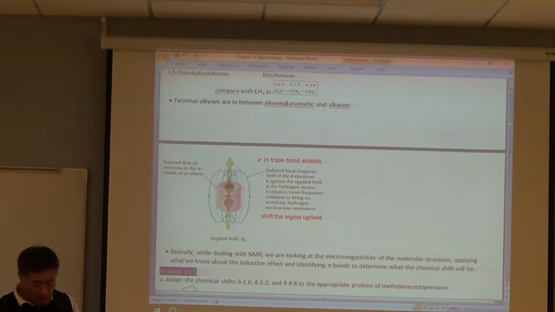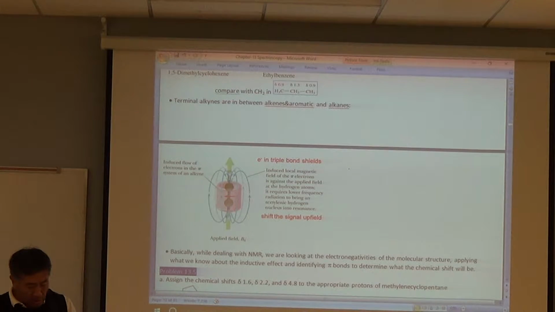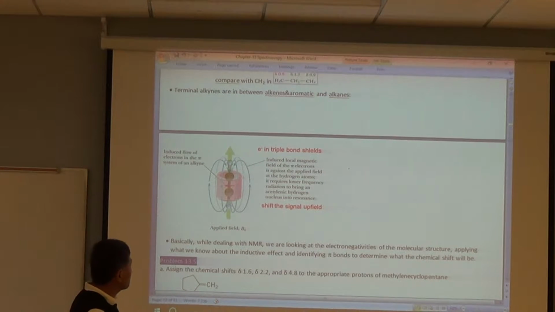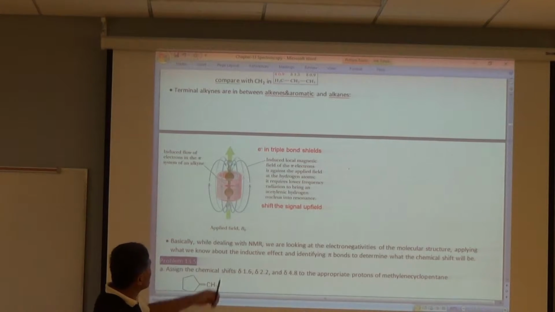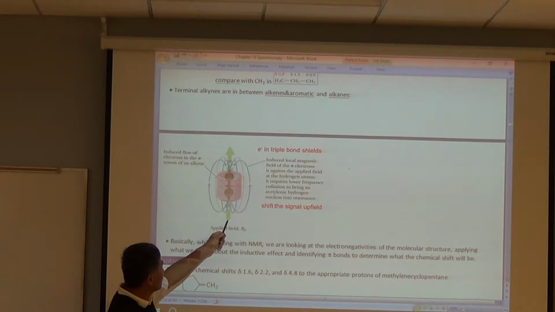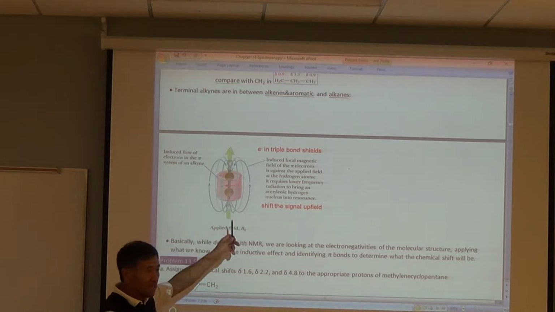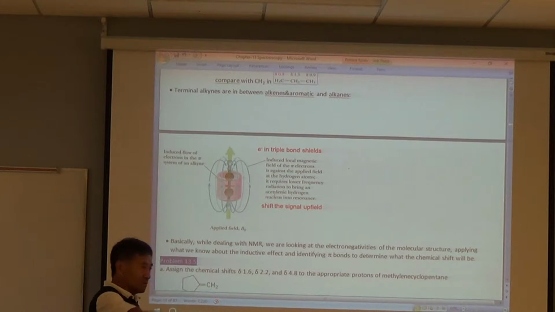Right. Now the other one is the triple bond H. The triple bond H lies between the double bond H and the single bond H. You can see those small areas shielding away the B0, opposing the B0, because the H in the triple bond will be somewhere here, and here you have this external field going up, and the magnetic field from the triple bond has the opposite direction to the B0.